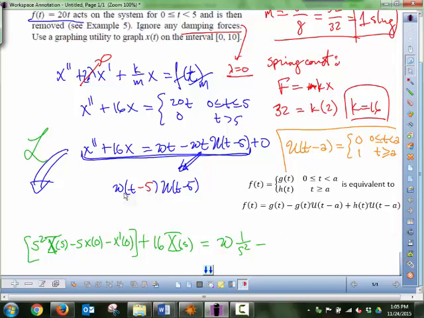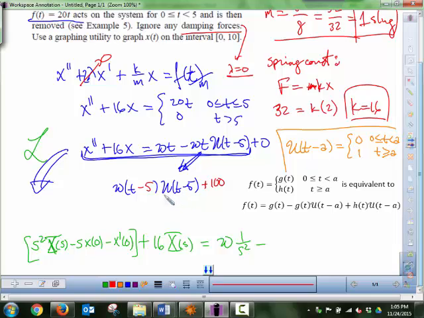But since I'm subtracting 5 here, I'm really subtracting, what am I really subtracting? 20 times 5, so minus 100, I'm really adding 100, and then times u of t minus 5. To make it even more confusing, there's a negative in front of this whole thing.